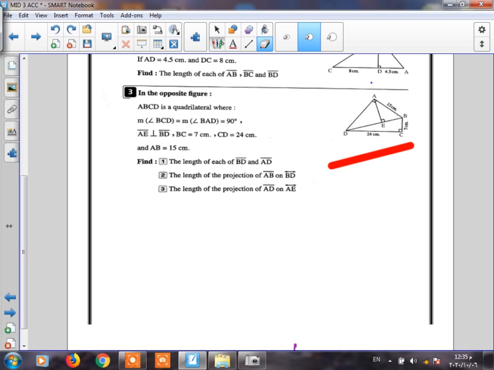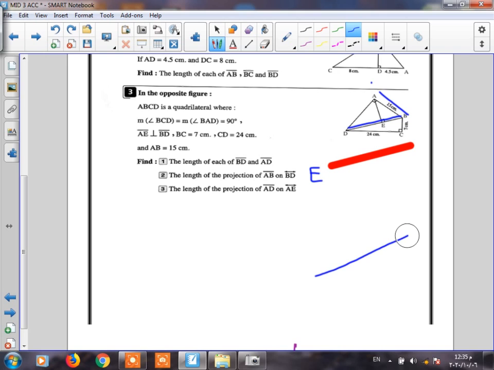Again, what is the meaning of the projection of AB on BD? That means A is perpendicular to BD at one point, point E. So the projection of AB on BD is EB. Why?